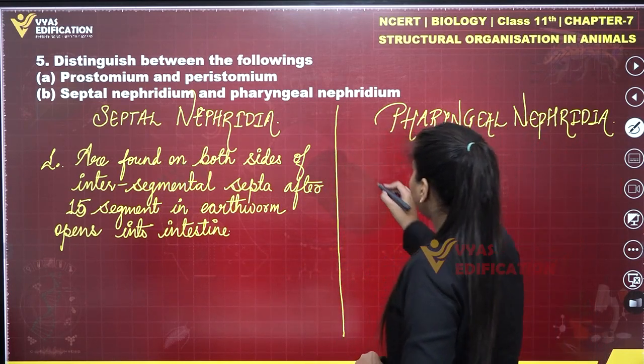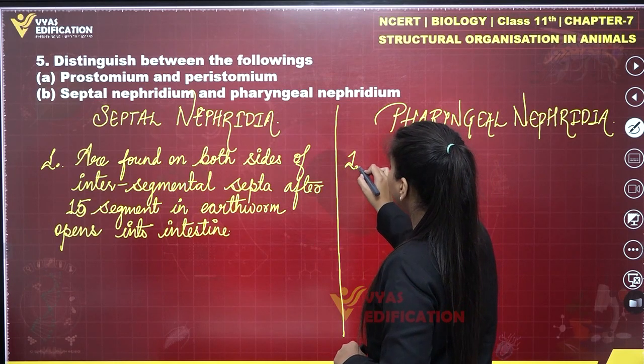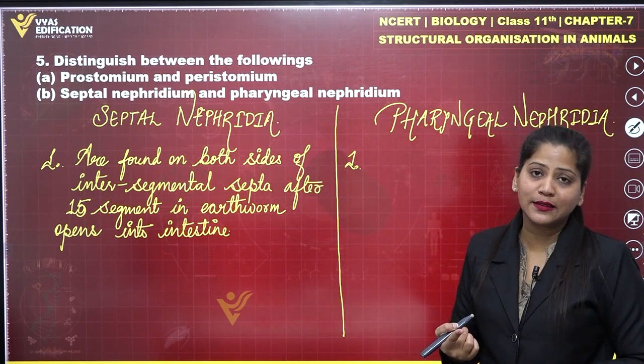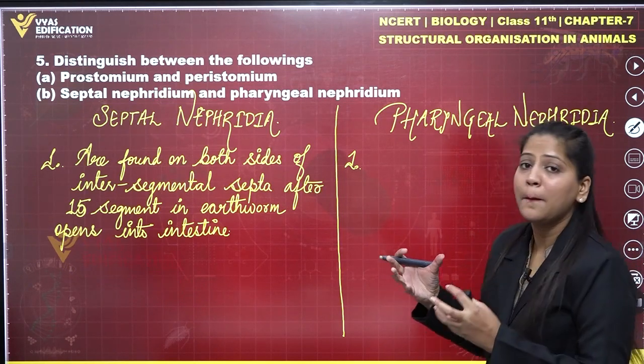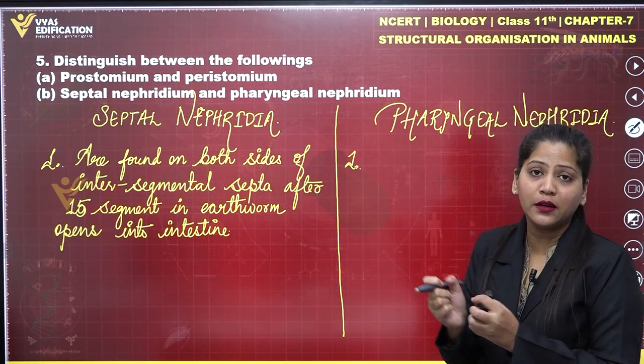Now the next one, pharyngeal nephridia. Where will you find these? They are found in paired tuft structures.